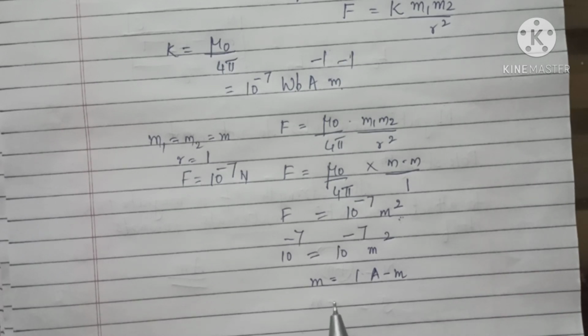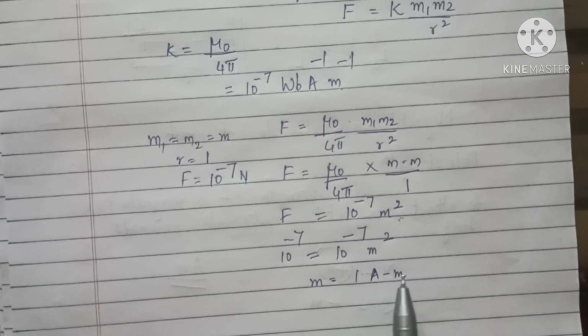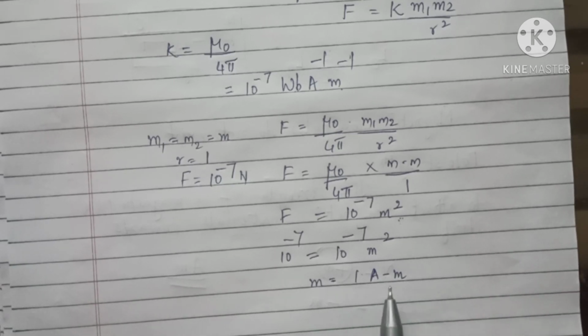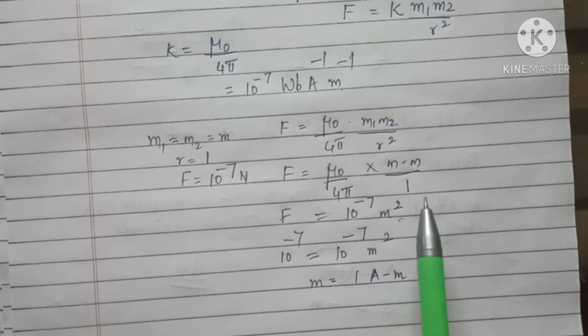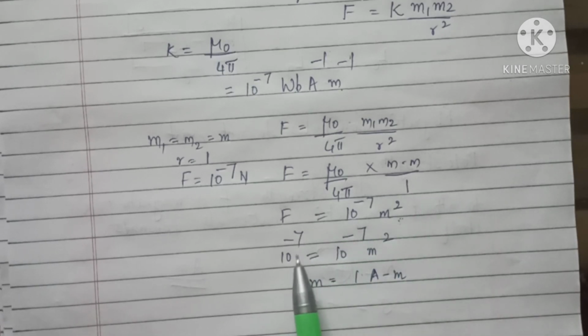Okay, this is to define the pole strength as 1 ampere meter. So when can you say that the pole strength is 1 ampere meter? If it repels an equal and similar pole when placed in vacuum at a distance of 1 meter from it with a force of 10 raised to minus 7 Newton.